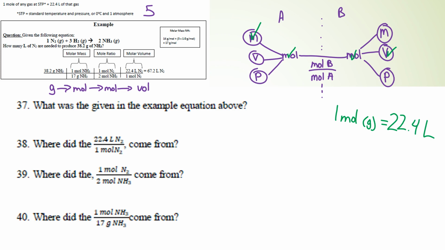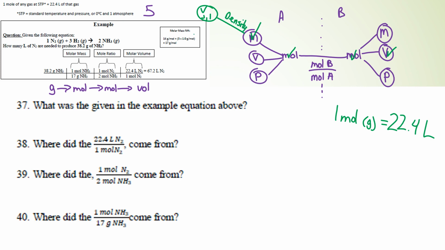So this only works for gases. If it's a solid or liquid, we have to use density. So there's technically another circle here, volume of a solid or liquid, that we would have to travel through density to reach.